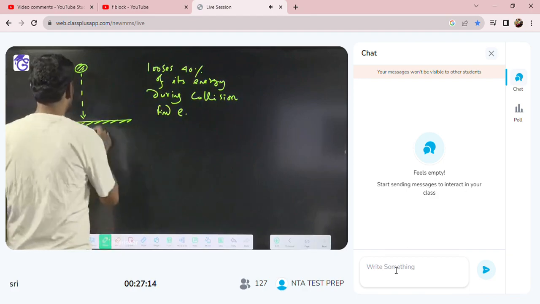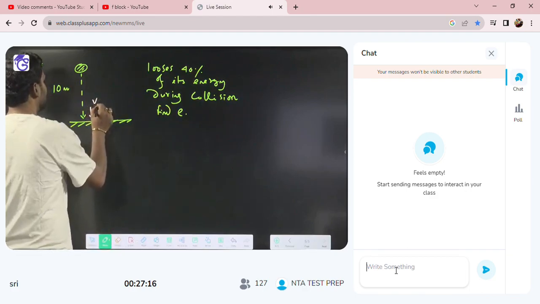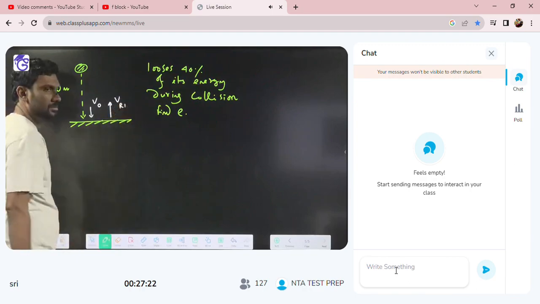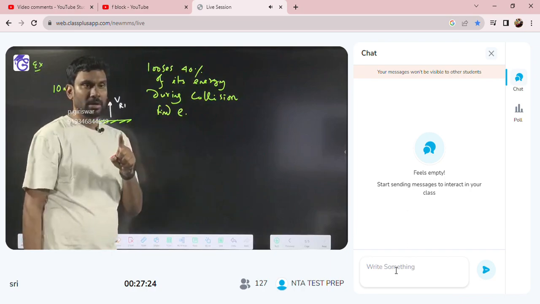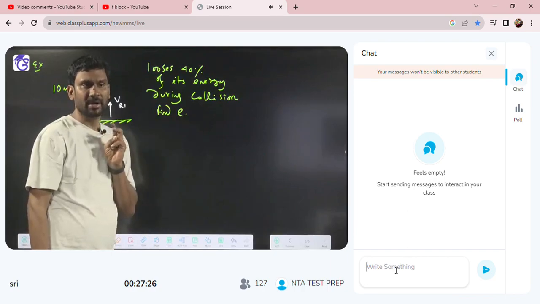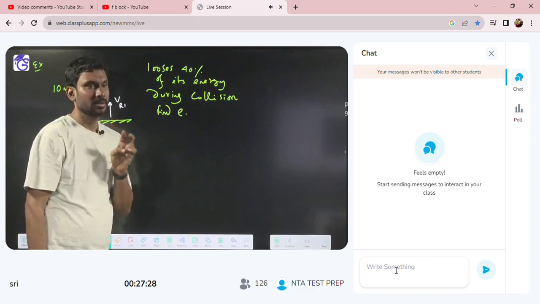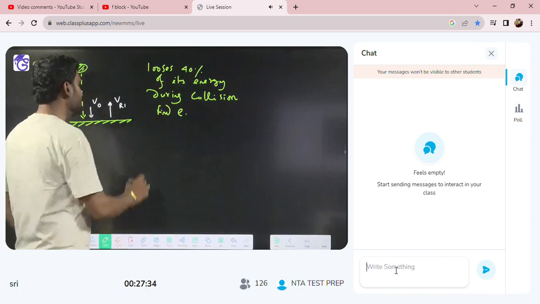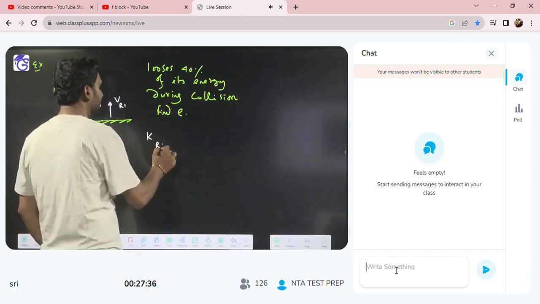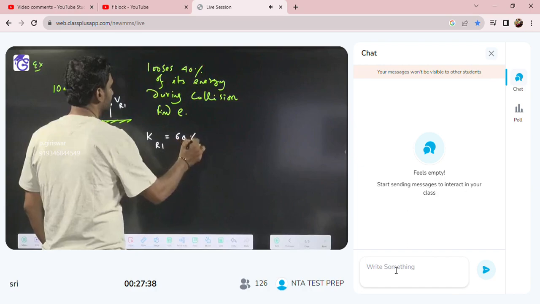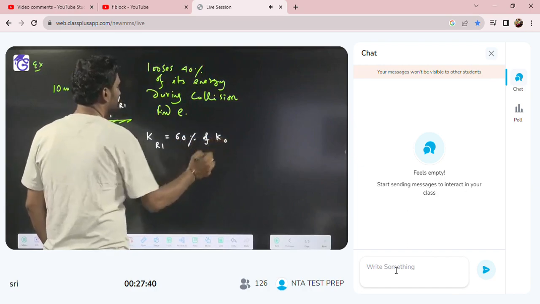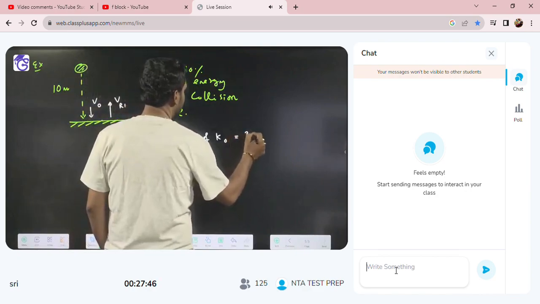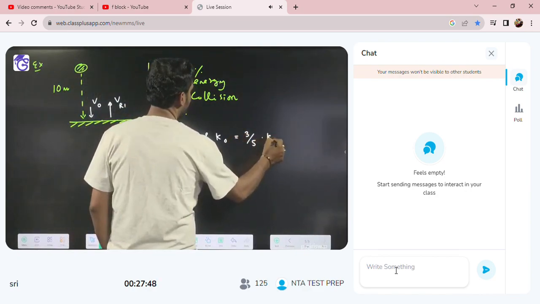See, let us imagine it is hitting the surface with velocity V0, going back with VR1. So it loses 40%. It loses 40% means we can write kinetic energy of rebounding is equal to 60% of K0. 60% is 3 by 5 into K0.